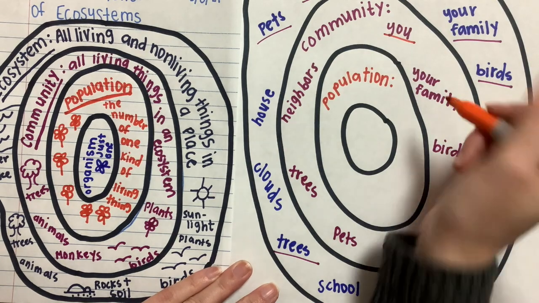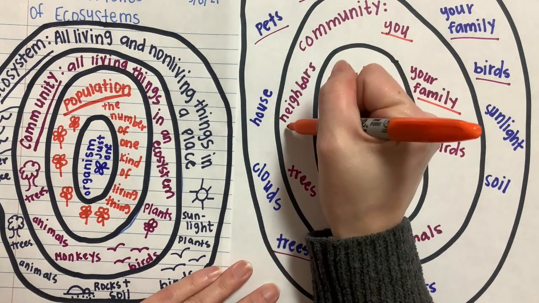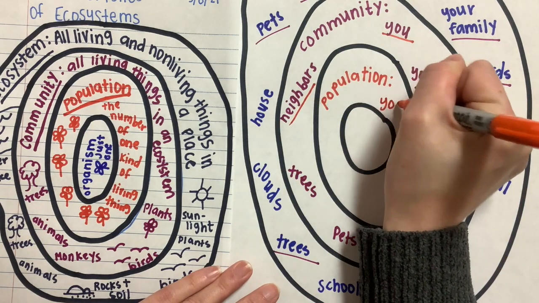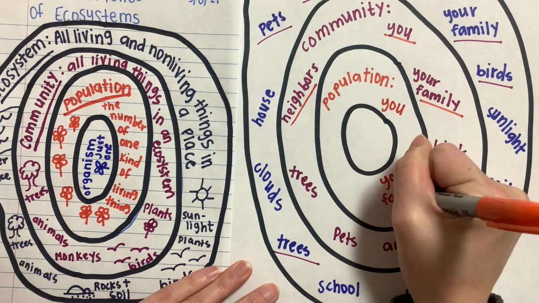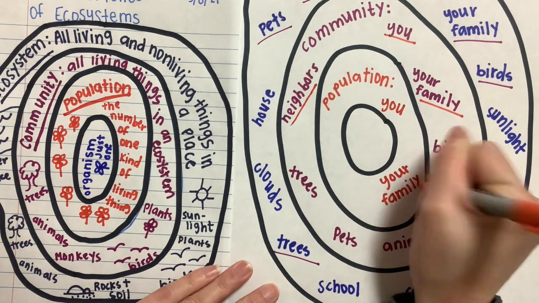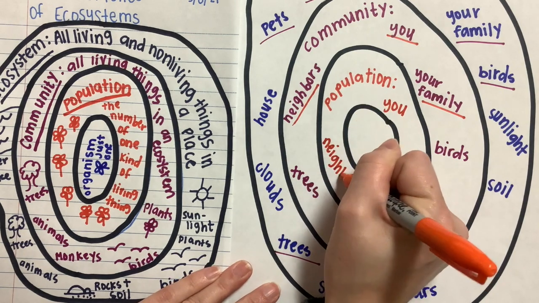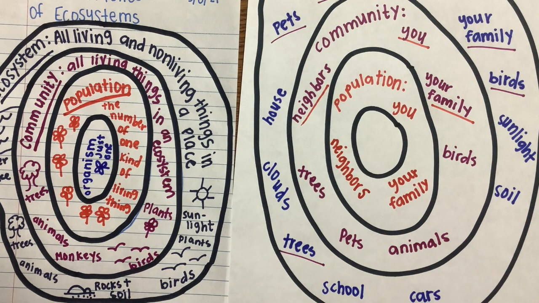You're a human. Your family is a human. These aren't humans, but your neighbors are humans. So the population: you, your family, and your neighbors. Because it's just one kind of living thing.